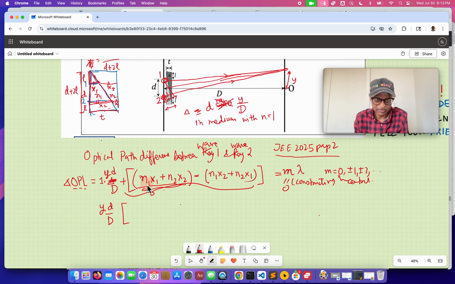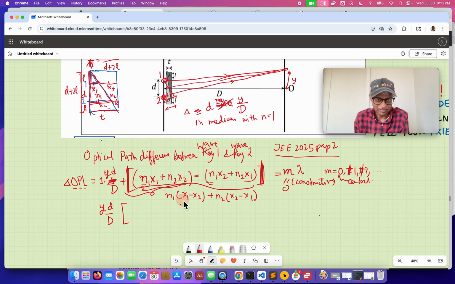This kind of simplifies if you look at n1 and n1, and we are going to just look at the positive part. So we have n1 (x1 minus x2) plus n2 (x2 minus x1).